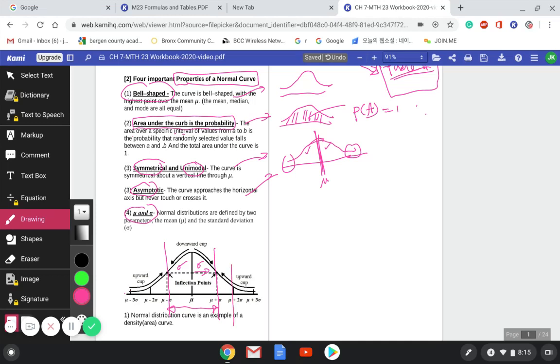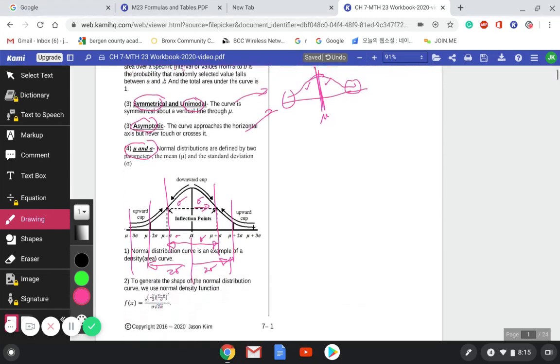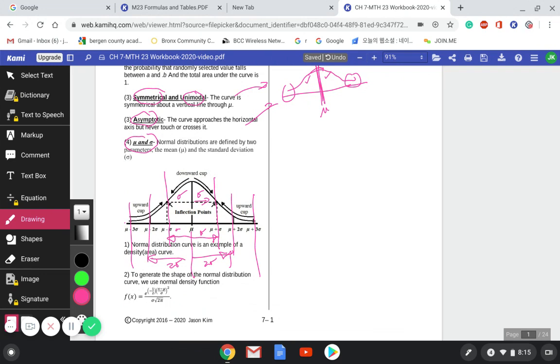And then we divide into another group, 2 sigmas from the mu instead of each sigma. And then we make another one as 3 sigmas from the mu. So when you have this kind of curve, we call this normal distribution curve.